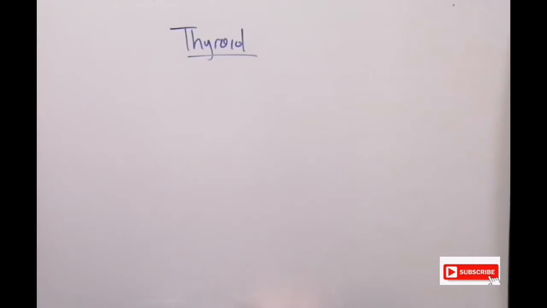So as we all know, the thyroid is one of the endocrine glands. As we all know, endocrine glands secrete their hormones directly into the blood, and exocrine glands secrete their hormones into ducts. So the thyroid gland is one of the endocrine glands.